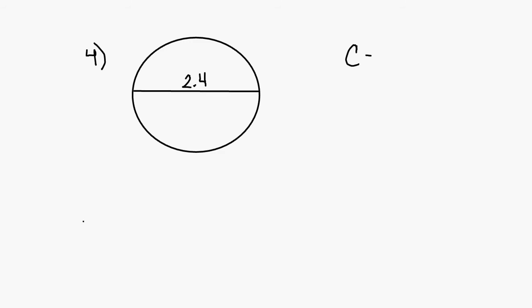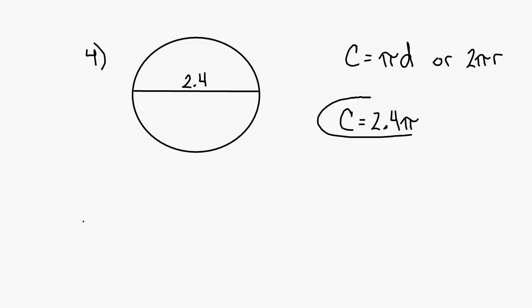Circumference of a circle is equal to, there's two formulas. You can multiply pi times the diameter, or you can multiply 2 times pi times the radius. In this case, the 2.4 is the diameter, and you're asked to leave your answer in terms of pi. So the circumference of this circle is going to equal 2.4 pi. That's it. That's all you got to do.